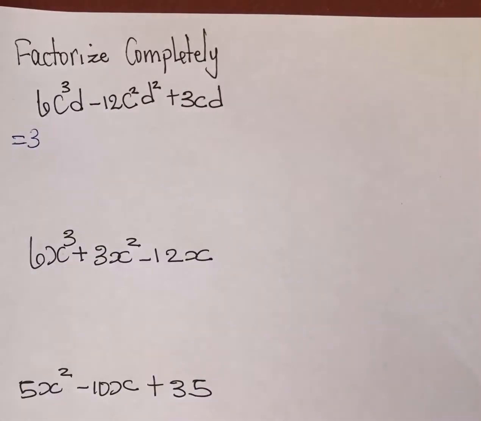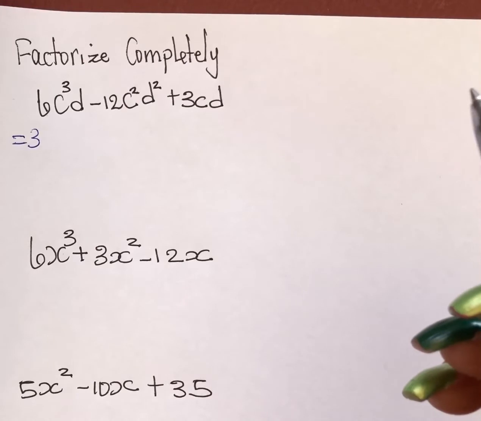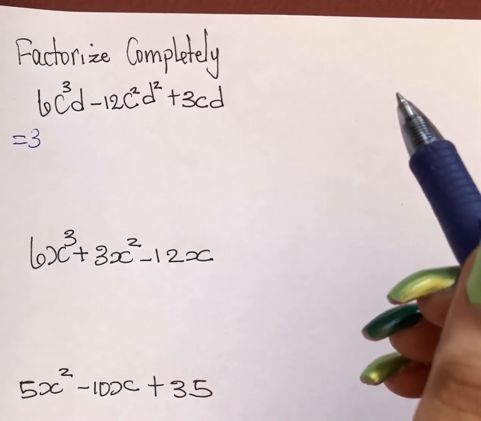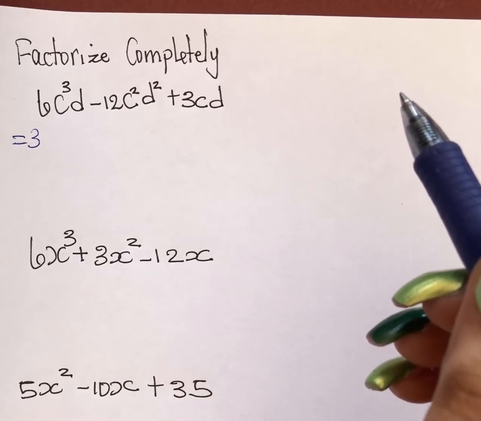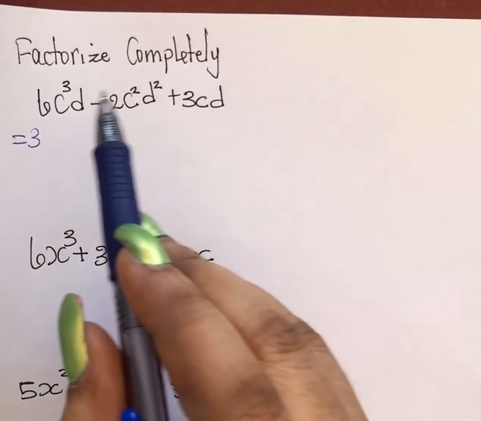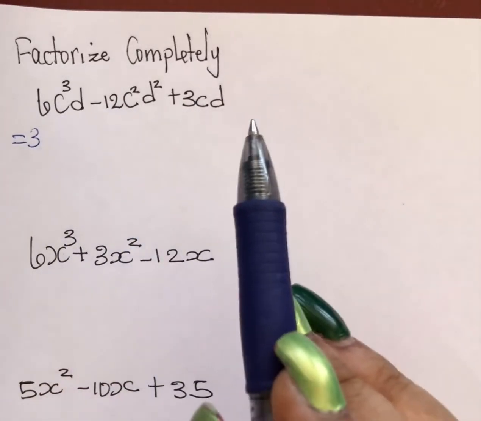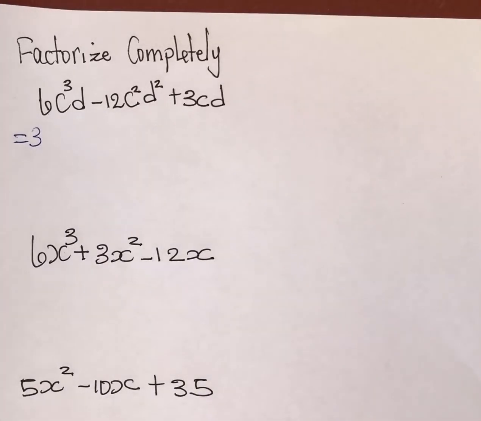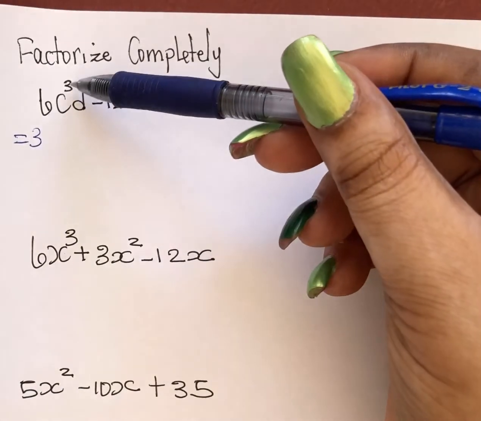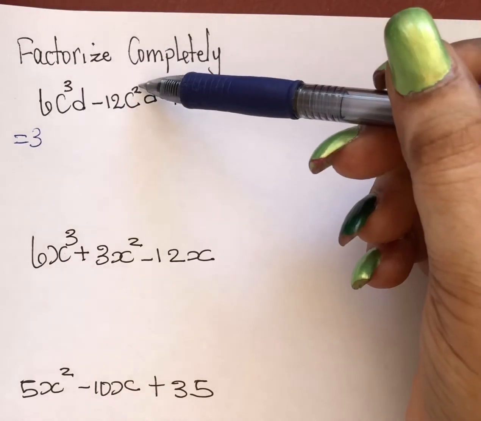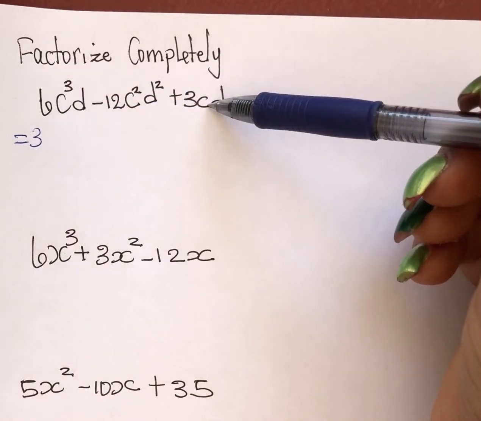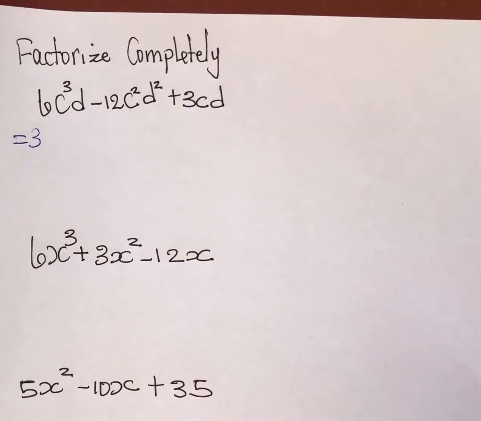Our next step will be to look at the variables or the letters. We're looking to see if they are common as well. They must be seen in each of the parts. So we have c raised to the power of 3, c raised to the power of 2, and c to the first power.